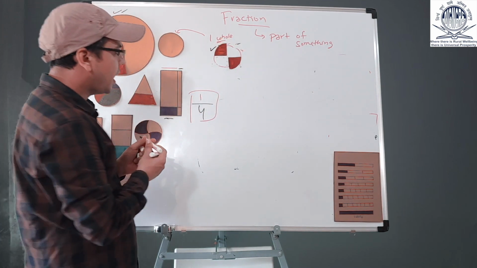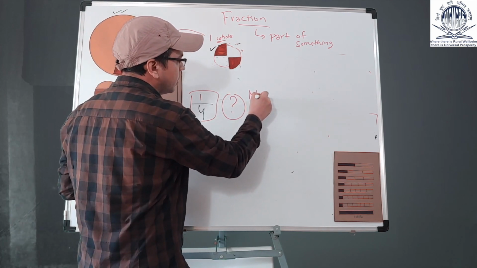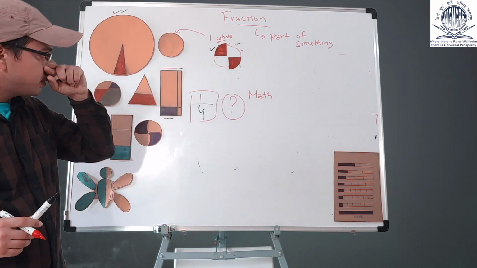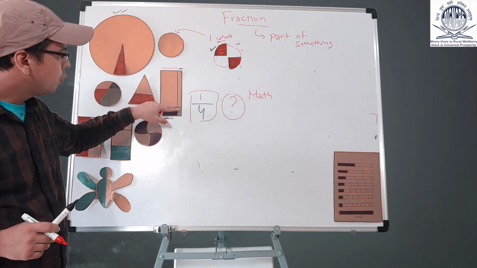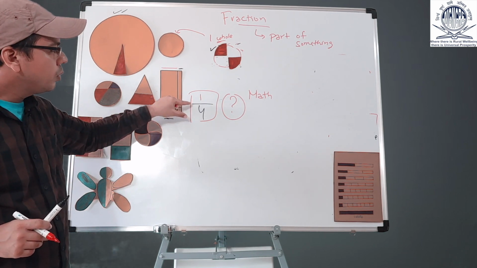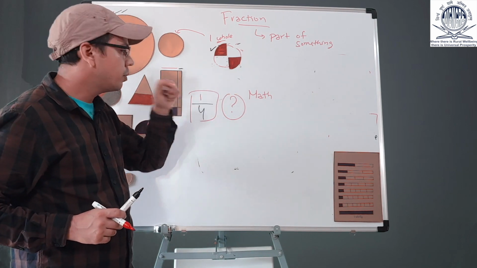But is it actually right as per math? If you go as per English, yes, it's divided into 4 portions, 1, 2, 3, 4, and 1 selected, 1 out of 4. But we actually want to understand, is it a fraction in terms of mathematics?